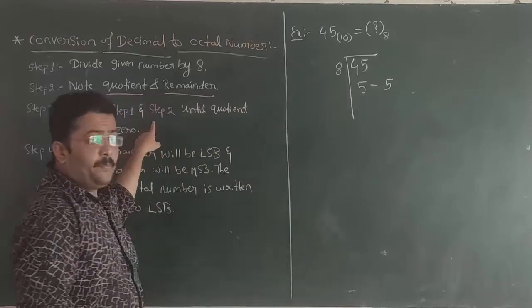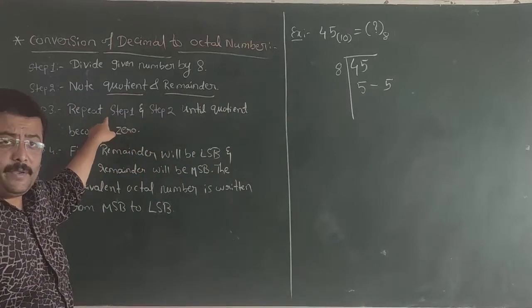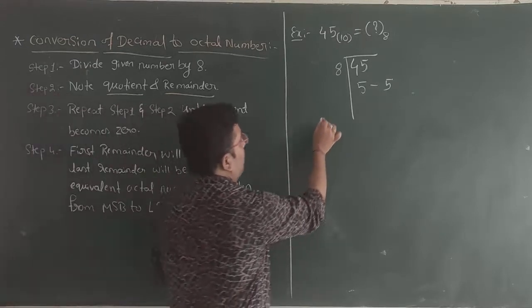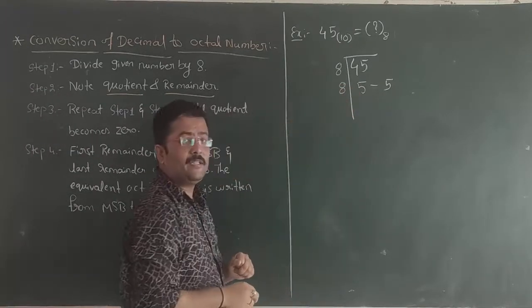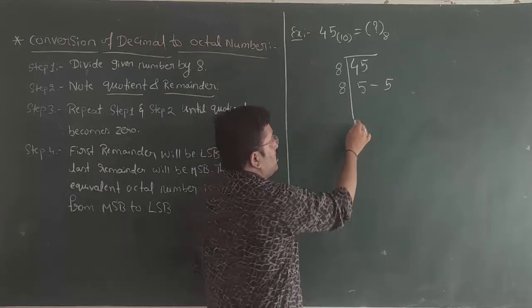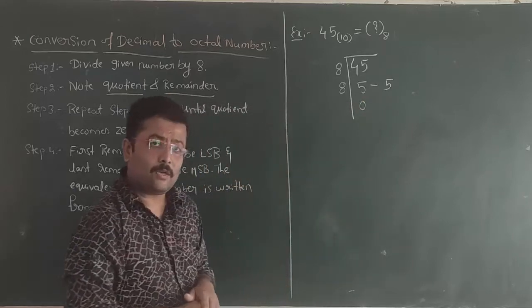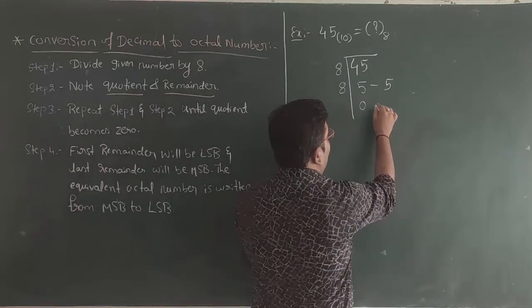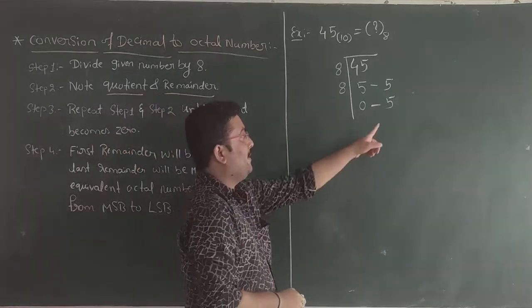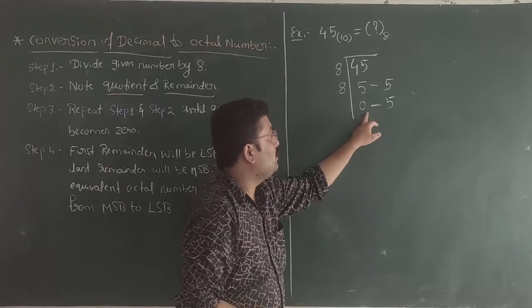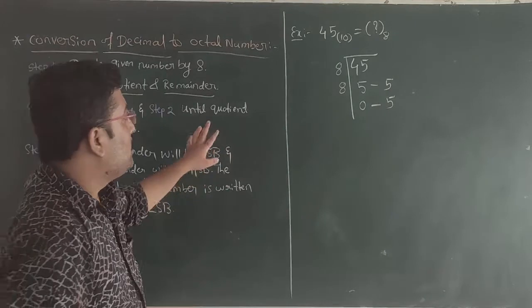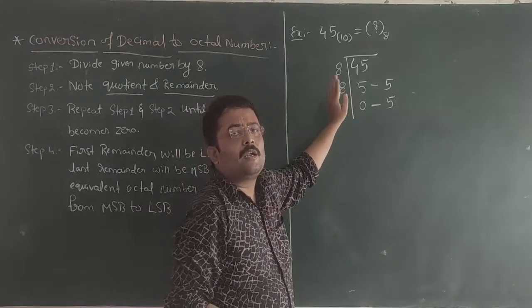Next step is to repeat step 1 and step 2 until the quotient becomes 0. So I repeat step 1, dividing the given number by 8. 8 zeros are 0. So the remainder is 5. Now the quotient becomes 0, so stop converting the number.